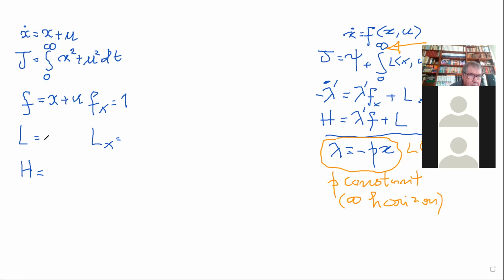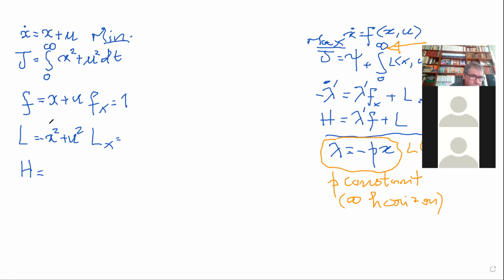L is what? x squared plus u squared. Be careful: here you want to maximize and here you want to minimize, so it's minus.